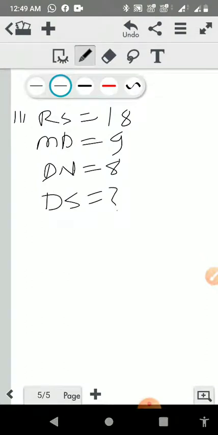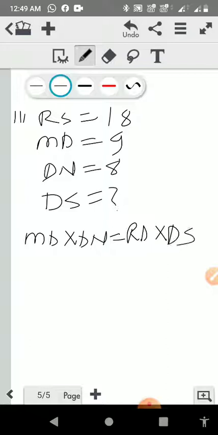Now if we see again, we are using the same principle, that is, from the theorem of internal division of chords. Here I can write MD into DN equal to RD into DS.